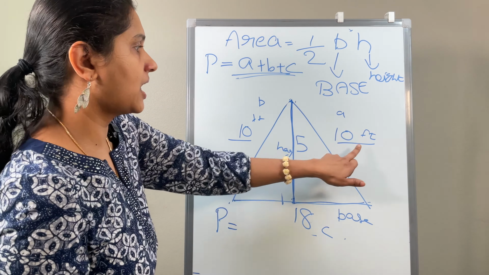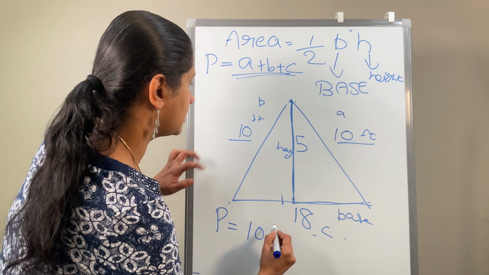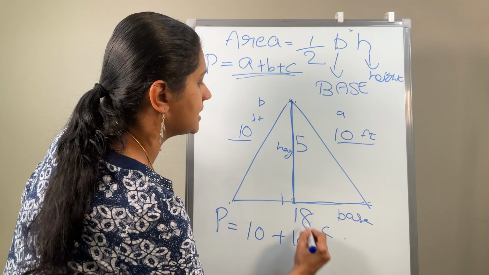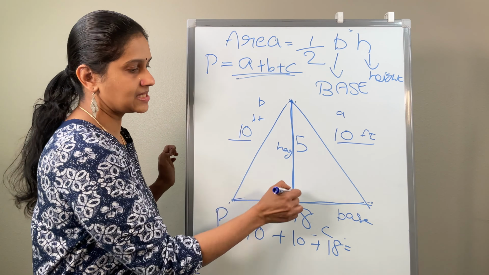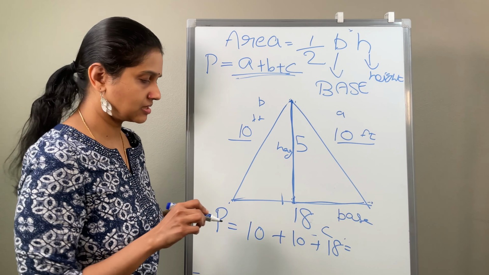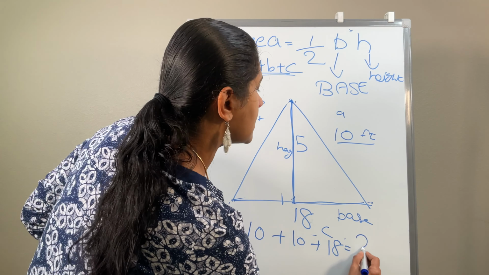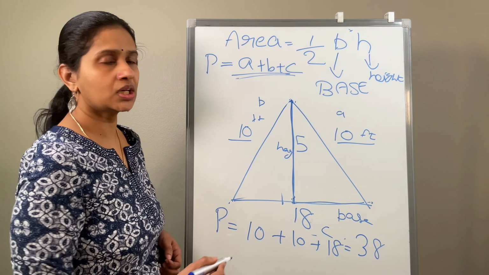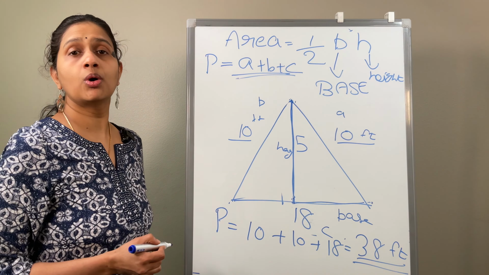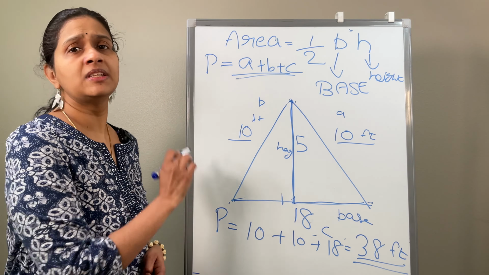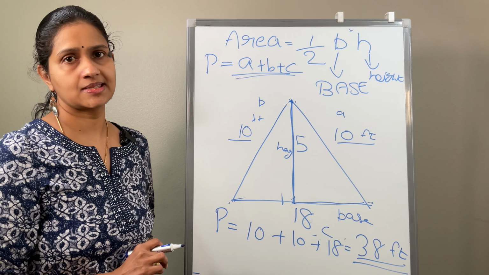For this type of triangle, you simply add 10 plus this base, 18. That's it. You are not supposed to consider the height. You have to remember that. So you will get this as 38. So 38 feet, don't put square there. 38 feet is going to be the perimeter of this type of triangle.